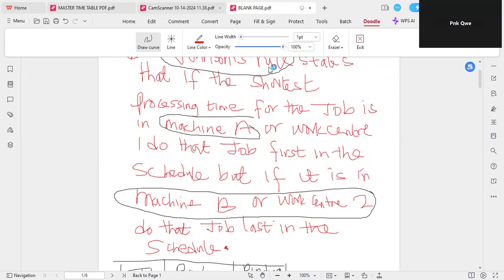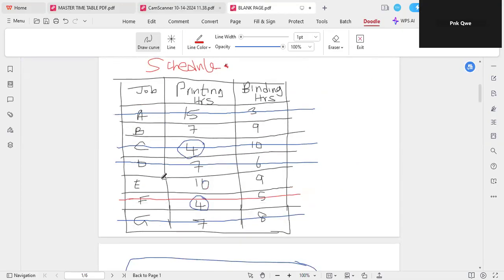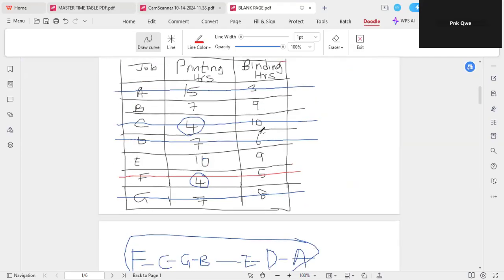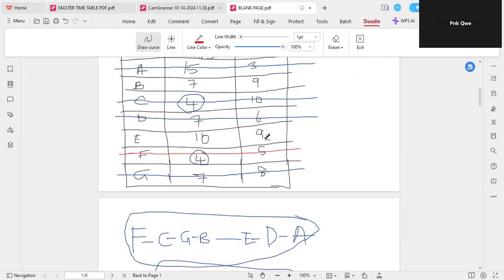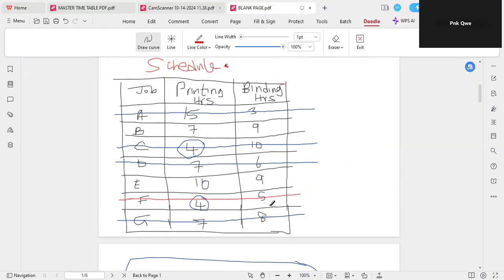So meaning the jobs A, B, C, D, E, F, G, these are printing hours, and then we have the binding hours. Since the shortest processing time is 3, do job A last, followed by the other processing times.